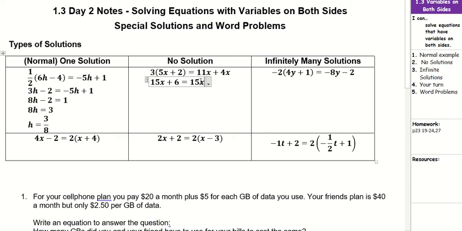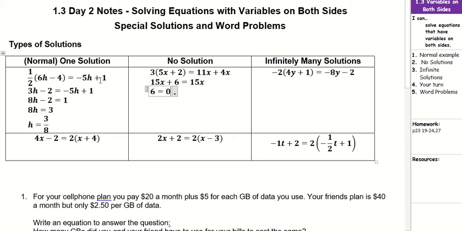I want all of my variables on one side of my equation and all of my constants on the other side. So I'm going to subtract 15x from both sides. 15x minus 15x is 0 plus 6, which is 6. Then I have 15x and I subtract 15x, which is also 0. So here I end up with 6 equals 0.